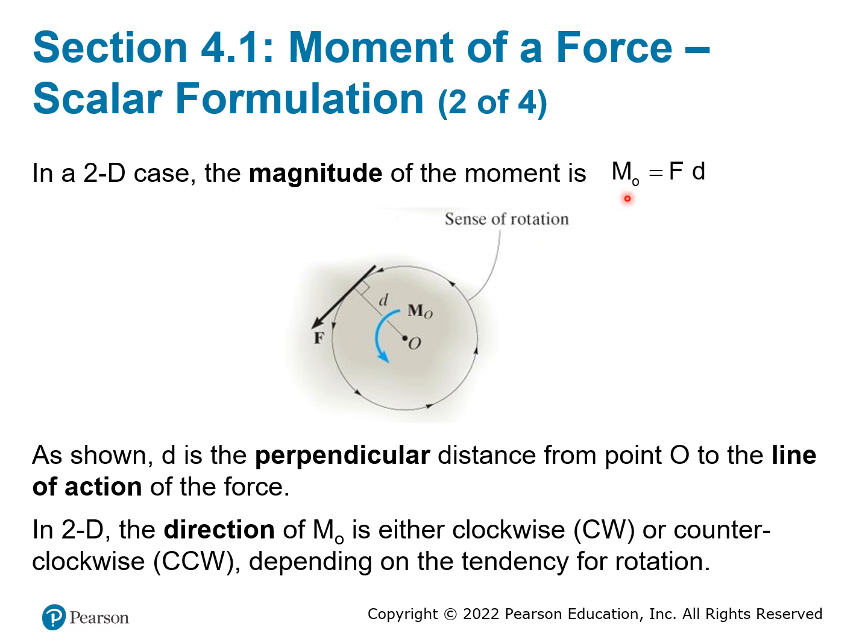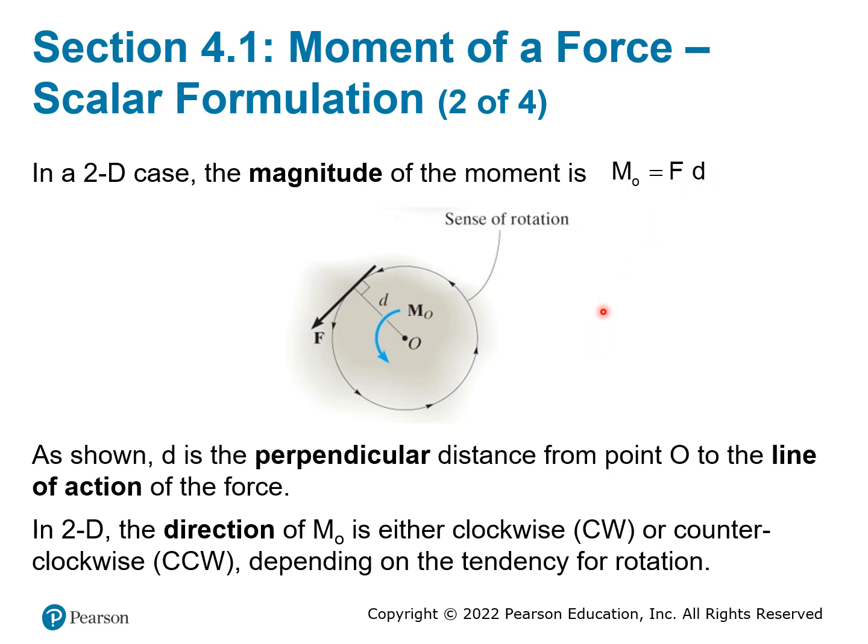So this O is a reference point or reference axis. We said the moment is proportional to the force, so the larger the force, the larger the moment. It is also proportional to the distance d, which we call the lever arm.